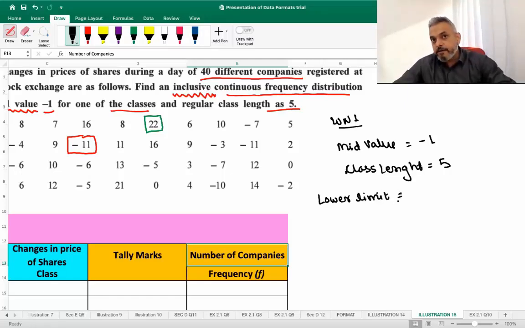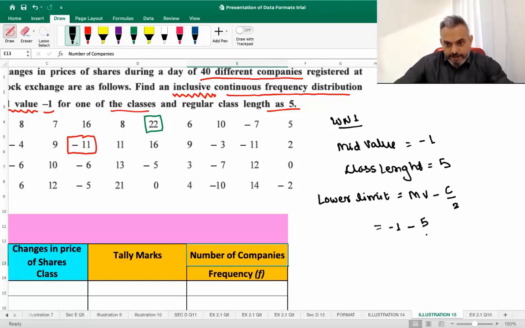Lower limit is equal to mid value minus class length divided by 2, which is equal to -1 minus 5 divided by 2, which is -1 minus 2.5, which is equal to -3.5. So here we got the lower limit.